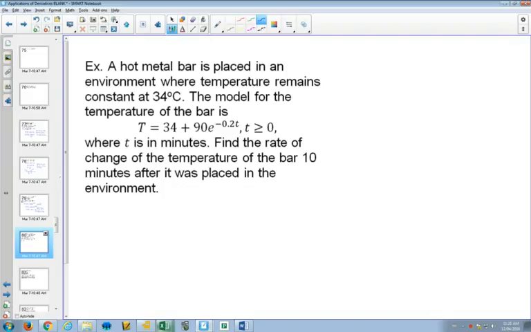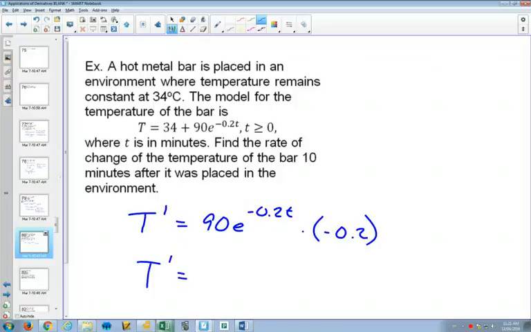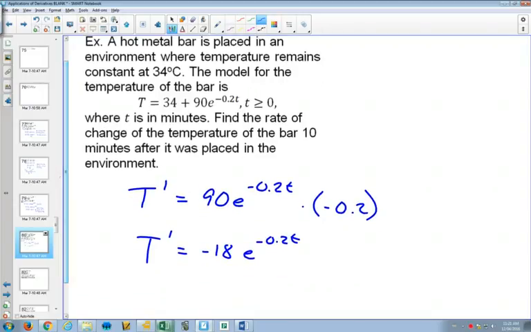As far as solving it goes, we want to find the rate of change, so that's telling us we want to find our derivative. Our derivative here, another chain rule. And after 10 minutes, plug in 10 to there.